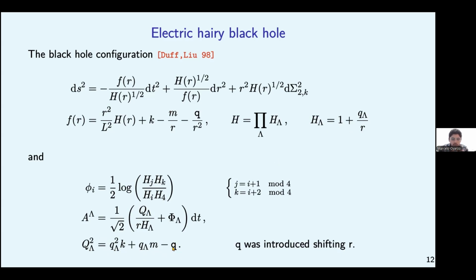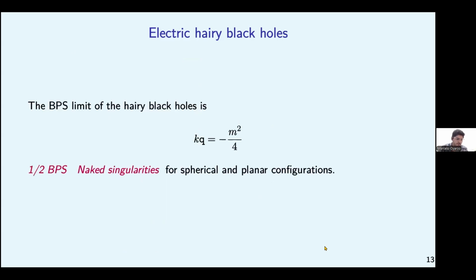And this q volt, I will call it, was introduced by shifting the radial coordinate and allows us to study a little bit better the BPS limit. Okay, so the BPS limit of these configurations are, again, naked singularities, and they must satisfy this constraint. But okay, that is what happens if you want to have a Killing spinor.